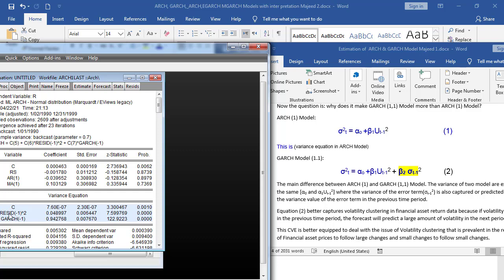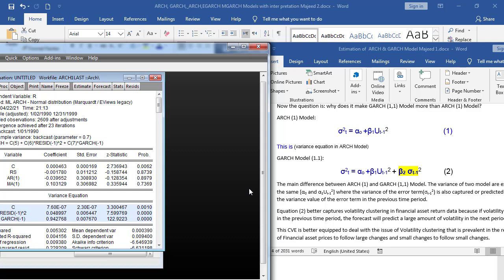Beta 1, the residual lag 1 square for the ARCH term, is 0.048, and beta 2 equals 0.94, which means beta 2 is greater than beta 1.